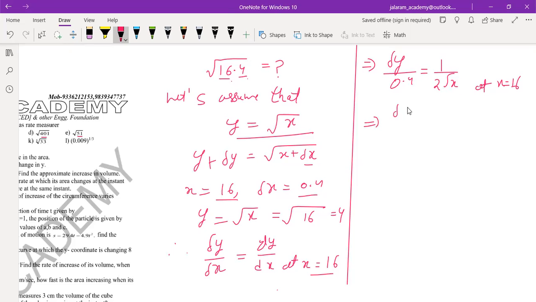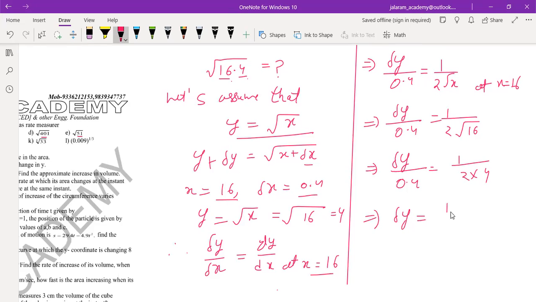It implies delta y upon 0.4 equals 1 upon 2 into square root of 16, which is 4. So delta y equals 1 upon 2 into 4, times 0.4, which is 0.4 by 8, so it is 1 by 20.